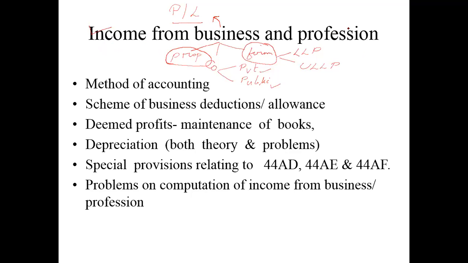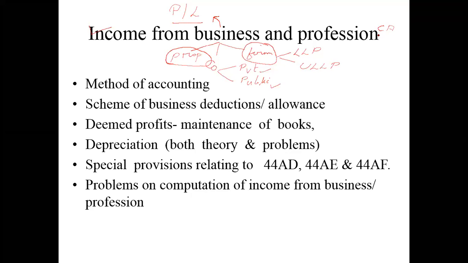On the other hand, when it comes to profession, a person who is a professional, I'm talking about a chartered accountant, a lawyer, a doctor, a chartered engineer, a management consultant.